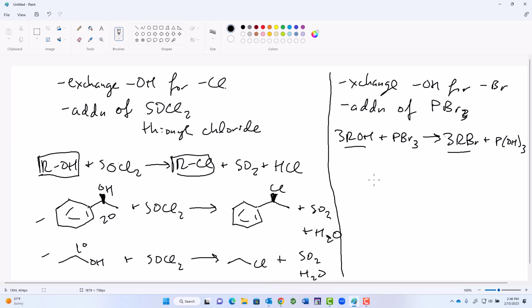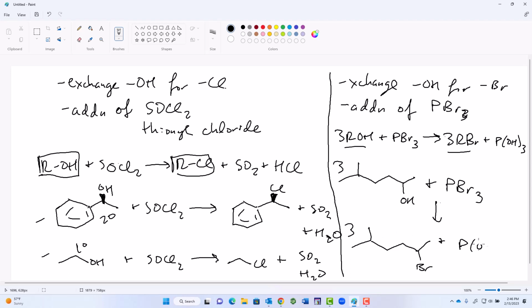So an example reaction of this would be, say we have the methyl and an alcohol, and we add PBr3. I'll draw this below. We would end up with the bromide, and there would be 3 of each of these. We'd end up with the bromide, and we'd end up with the phosphonate at the end.